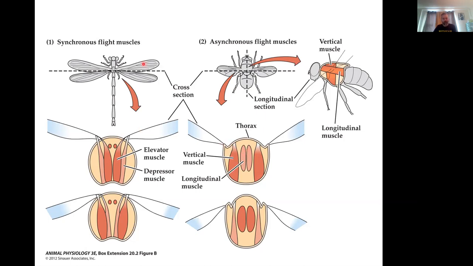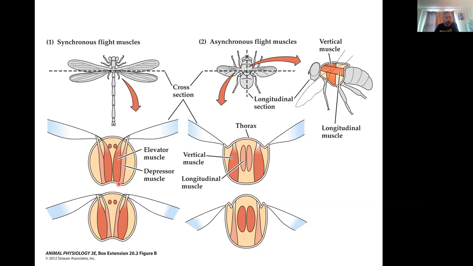So what we're going to see here are a couple of different ways in which that might happen. In cases like a dragonfly here, we have what are called synchronous flight muscles, okay? By synchronous, we mean that they are oriented in the same general direction. They're both attached to the bottom of the cuticle, the bottom of the exoskeleton, and to different parts of the wing. So we have an elevator muscle that's involved in lifting the wing, and a depressor muscle that's involved in pulling it down.